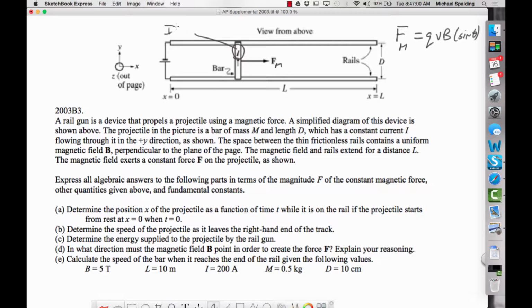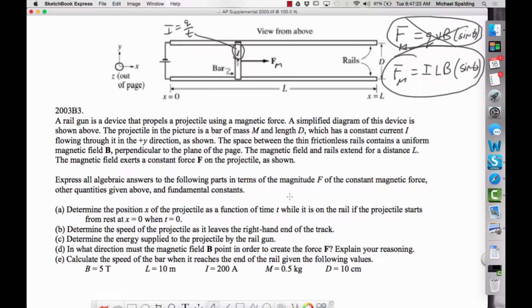Current is simply charge per time, but would everybody agree that current is moving charged particles? Yeah. So the equation becomes force of magnetic field equals ILB sine theta, and it's not too difficult to derive this equation from that equation. So force of magnetic field is ILB.